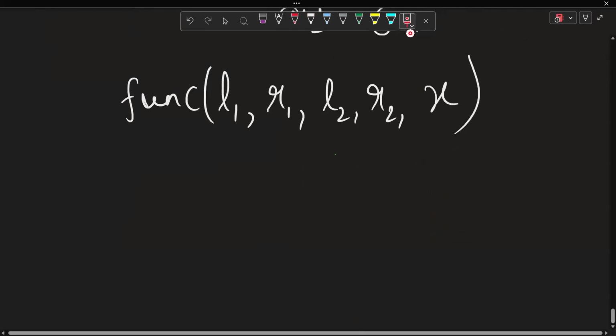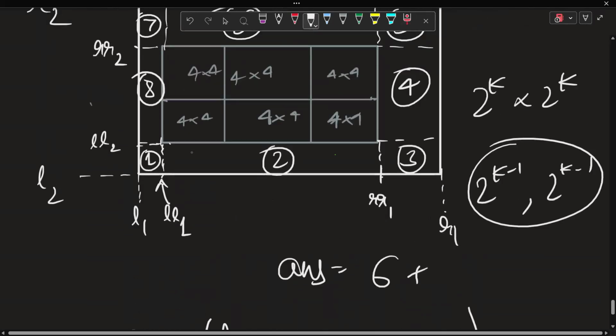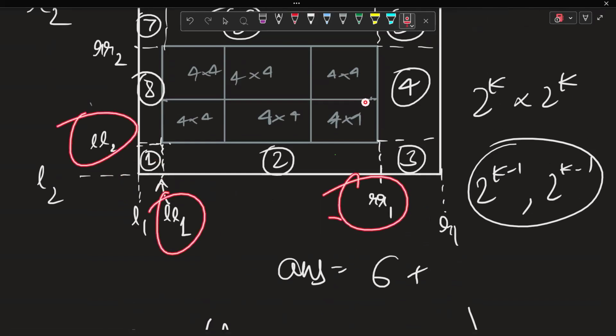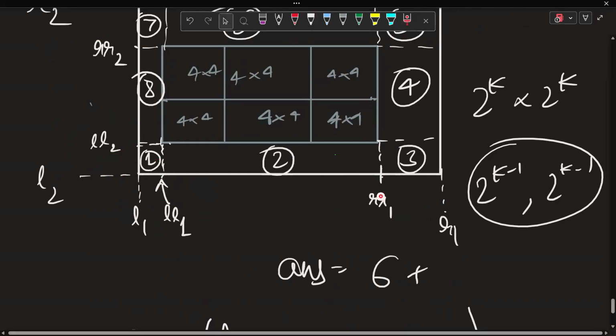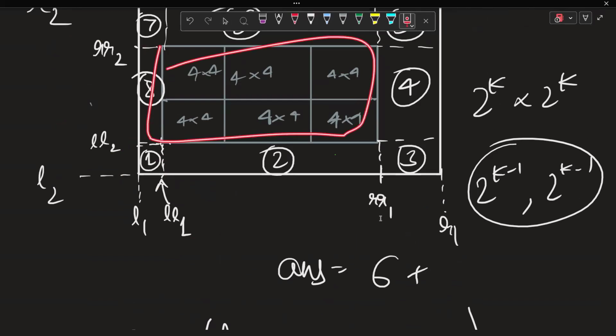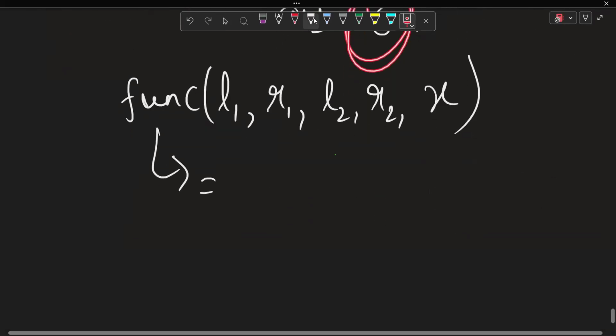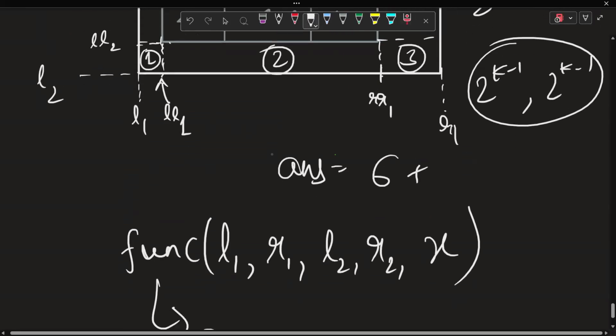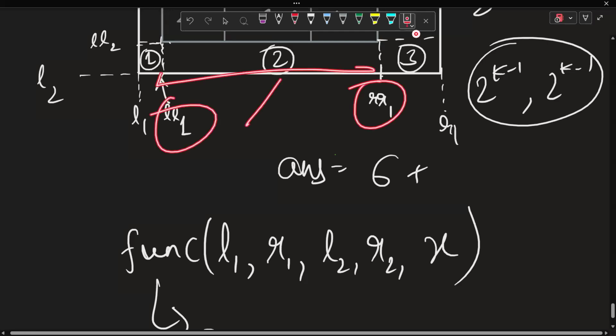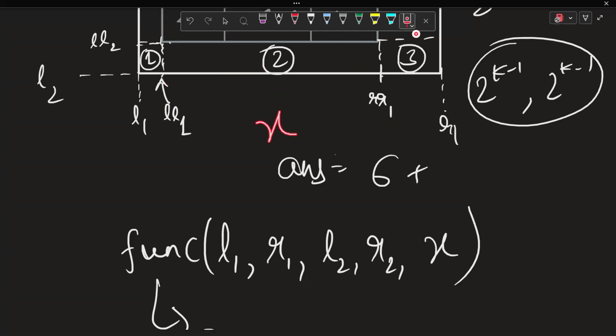The recursive function is equal to: first, using X, compute LL1, RR1, LL2, RR2 using the modulo and so on. Through this, get this rectangular region and its size, like here you got 6. Now, what would be the formula for this? RR1 minus LL1, this length, divided by X.